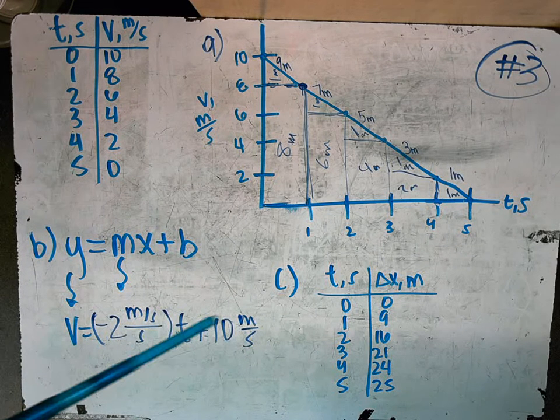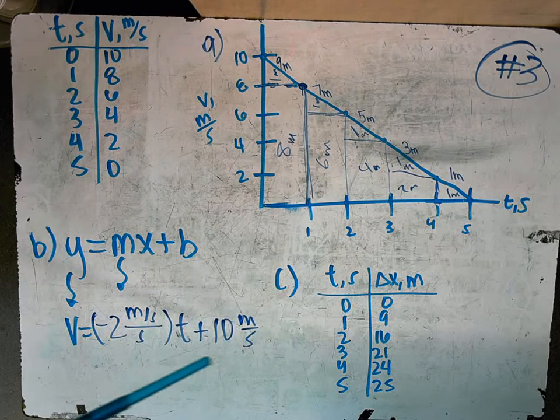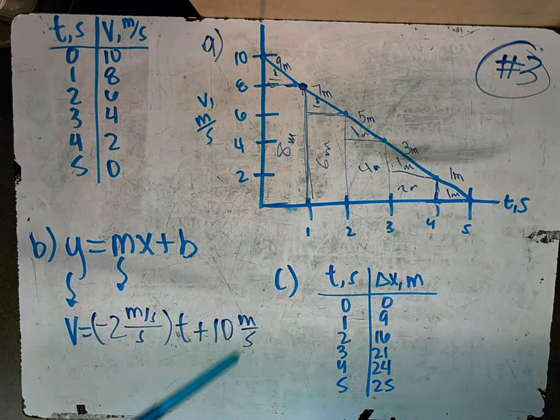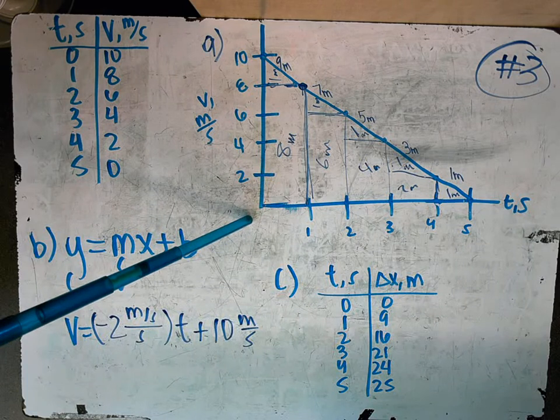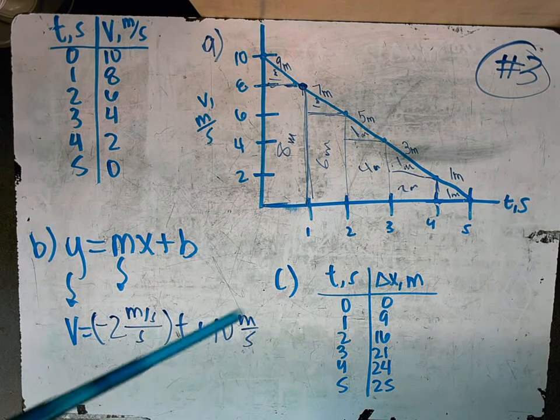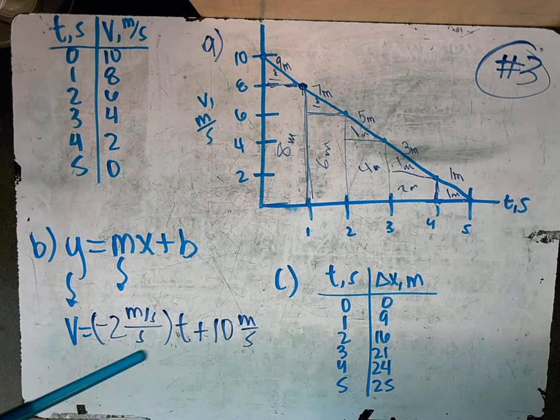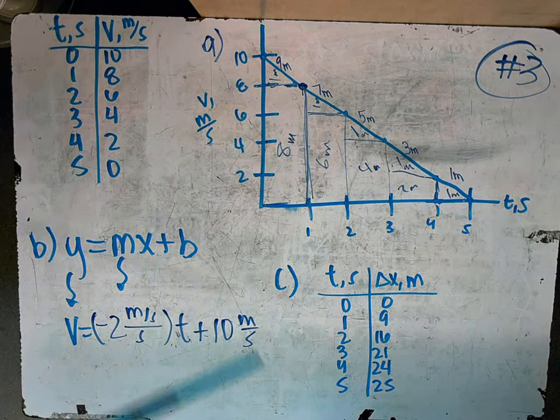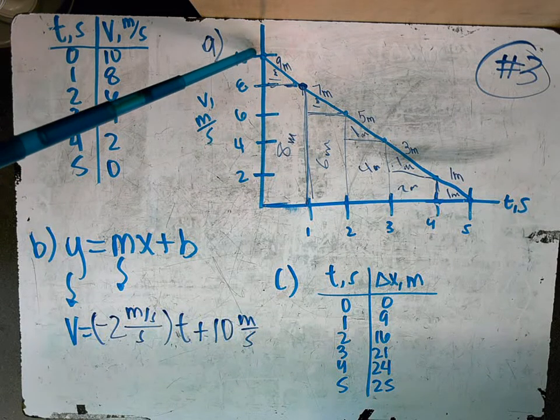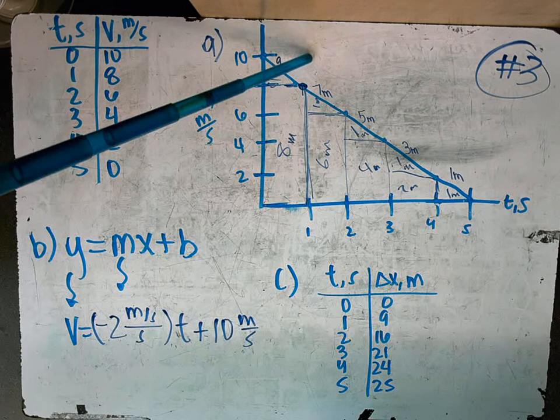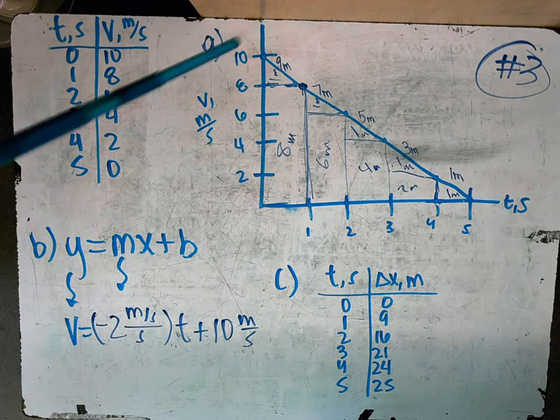Now part C, I want to create a data table that explains how far I've changed my position after each second. Remember, at 0 seconds, I haven't had time to go anywhere. So I have gone 0 displacement. Now at 1 second, how far did I go? Well, I started off going 10 meters per second. If I had gone 10 meters per second for that whole second, I would have gone 10 meters.